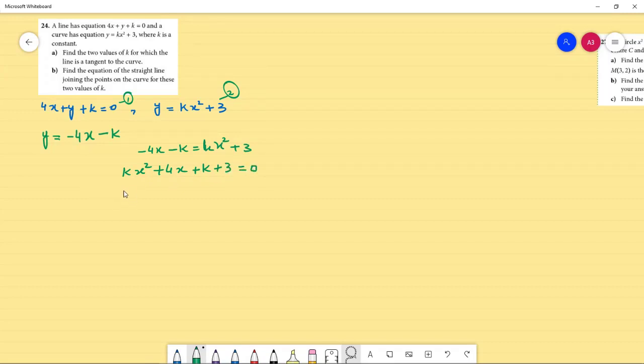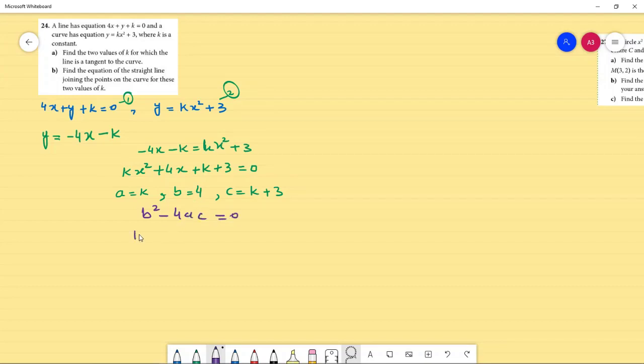Now first write down the values: a is equal to k, b is 4 and c is k plus 3. Now apply b square minus 4ac, because the line is tangent to the curve.